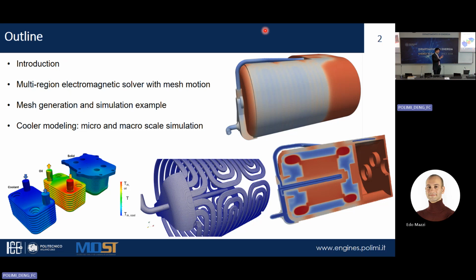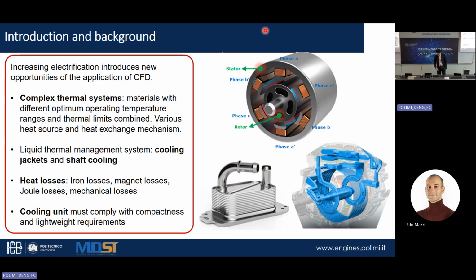So not only what is inside the electric motor, but also what is outside, which must perform the cooling of the electric coil that cools down the electric motor. This is a hot topic since it brings problems of compactness and lightweight, which are the most important concerns in this type of application.